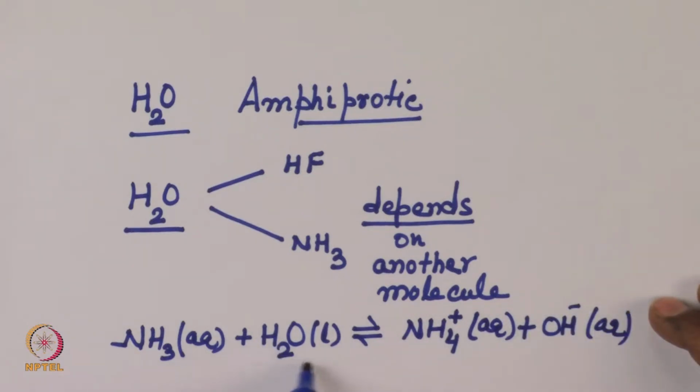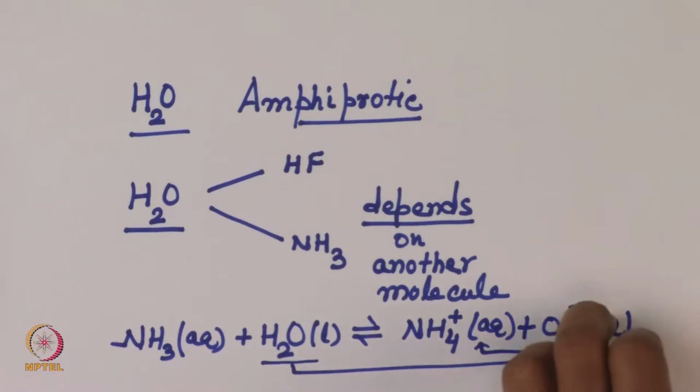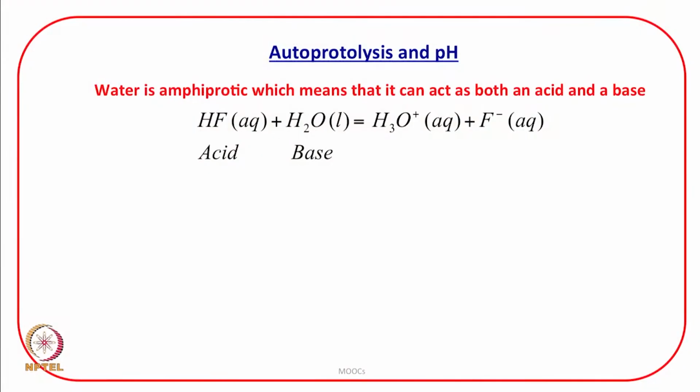In this case, water has donated a proton. You see here, it has donated a proton to ammonia and formed ammonium ion. Therefore, it has acted like an acid over here. And that is what I was talking to you, that water is amphiprotic. It can act as an acid or it can act as a base.